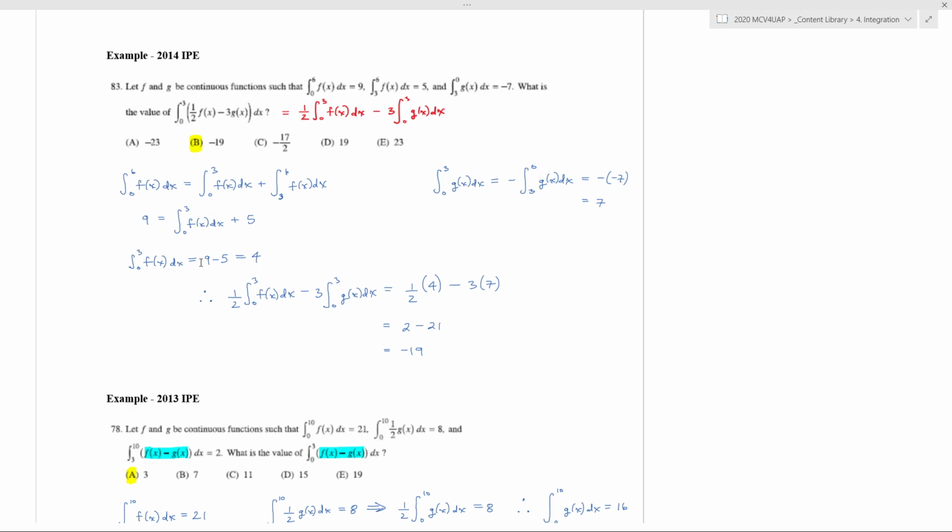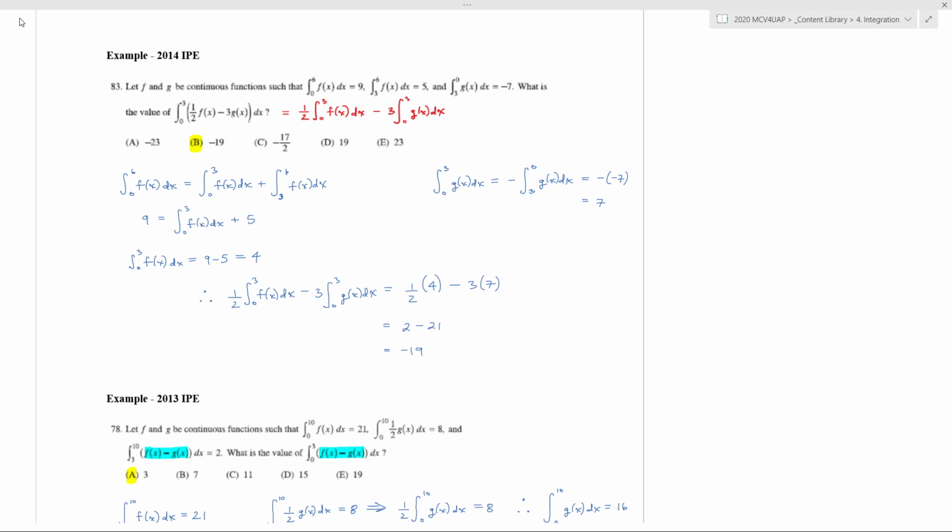The integral from 0 to 6 is 9 and the integral from 3 to 6 is 5. That expression allows me to find the integral from 0 to 3. It's just 9 minus 5. Move the 5 over to the left-hand side of the equation, and I get that the integral from 0 to 3 of f of x dx is equal to 4.